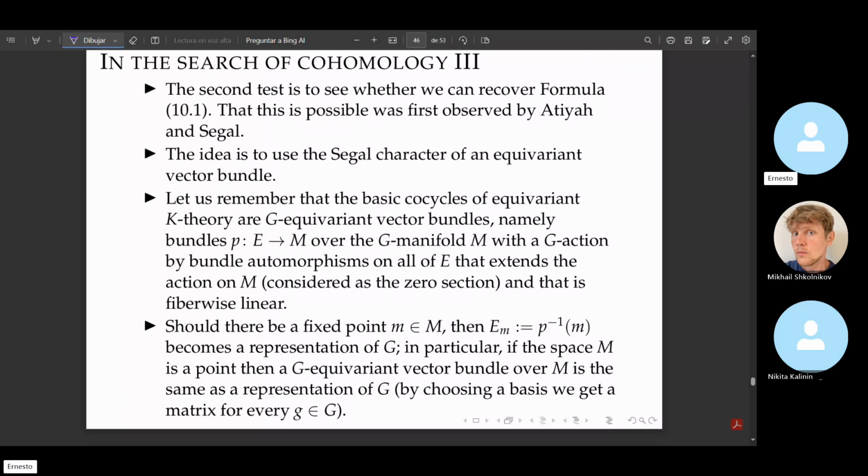If you have a fixed point, then the fiber at that point becomes a representation of G. And in general, it becomes a representation of the stabilizer in G. So you have all these representations in an equivariant vector bundle.